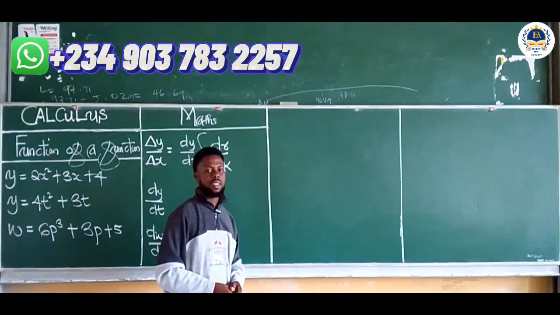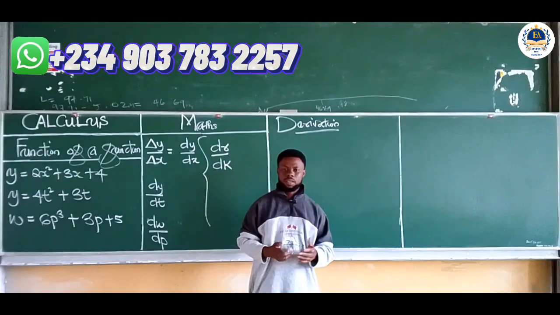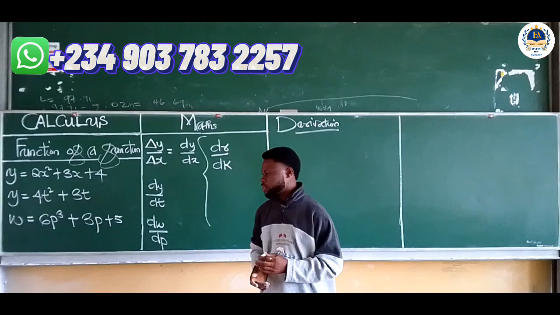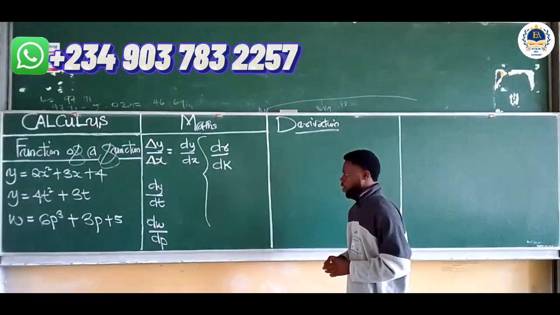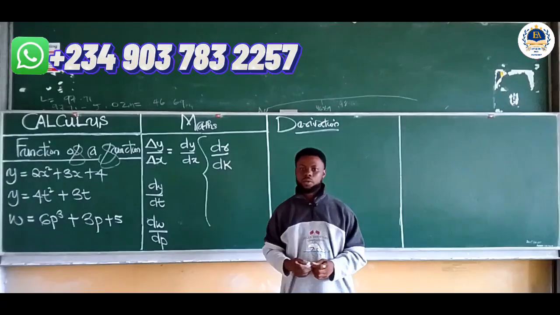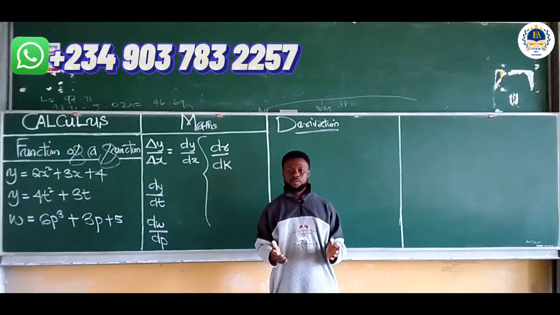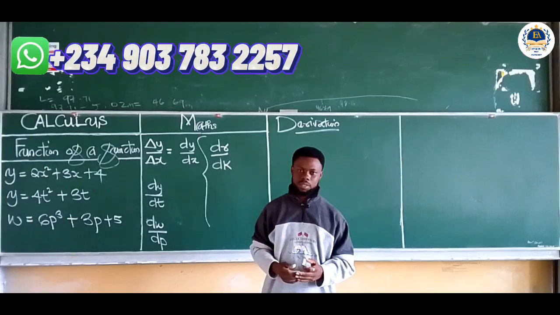Also, let us consider the general rule for derivation. Now, for example, if you are considering the first equation on the board, where y is equal to 2x squared plus 3x plus 4, and you are required to determine the derivation of this, is there a general formula for it? Yes, that is the good news. There is.